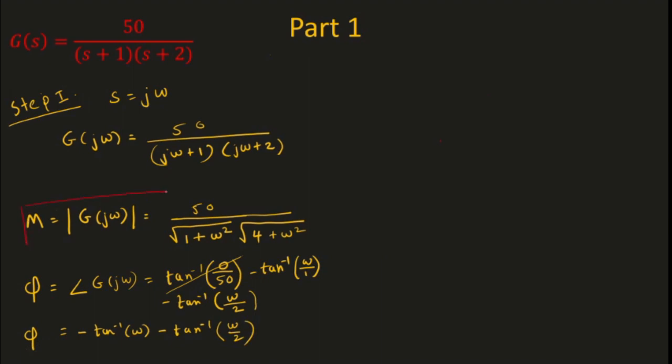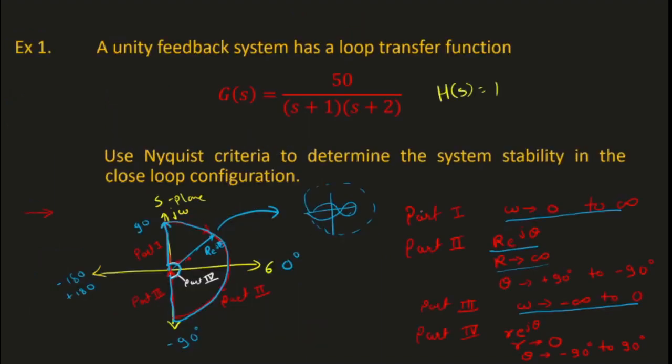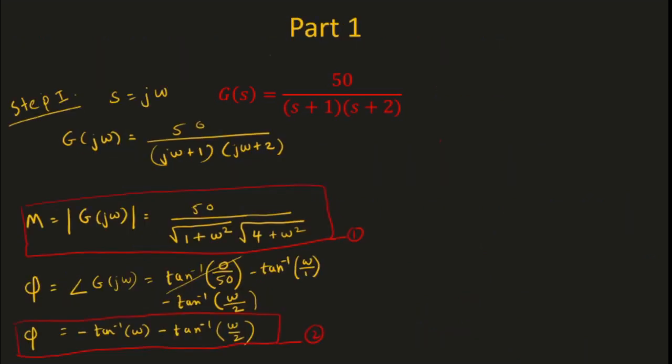So now we have two equations. Equation number 1 is the magnitude of the mapping path, and equation number 2 is the phase of this. What we want is to vary omega for part 1 from 0 to infinity, and plot the magnitude and phase.